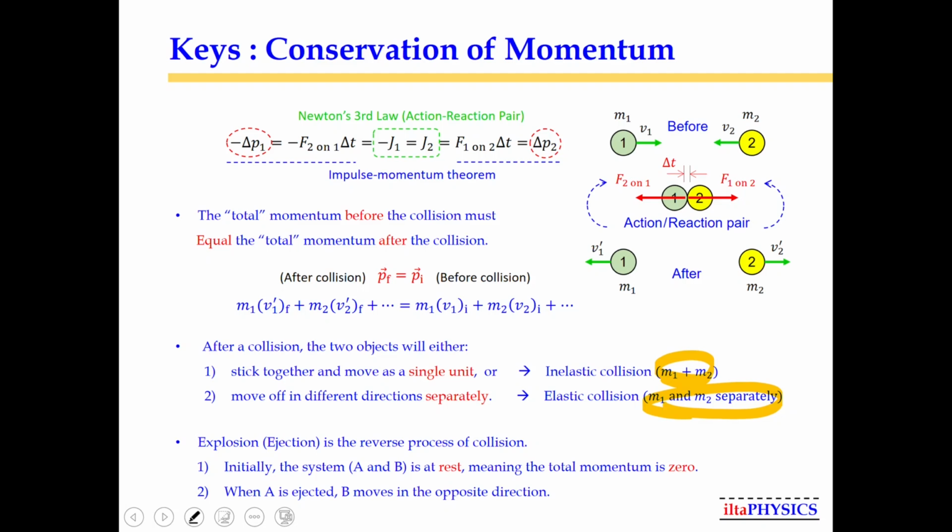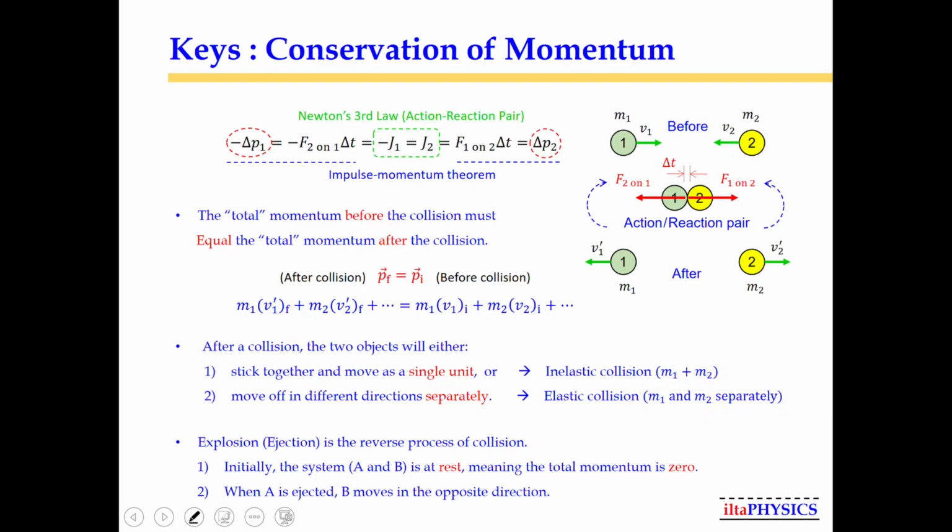First, the case where two objects stick together and move as one unit is called an inelastic collision. In this case, the final mass is simply the sum of the two individual masses. On the other hand, if the two objects move in different directions after the impact, it's an elastic collision. When calculating momentum here, you just plug the individual mass values into the equation separately.